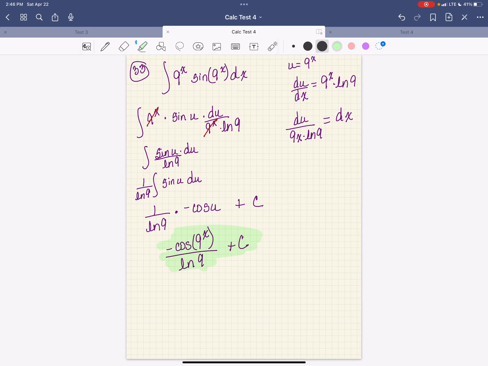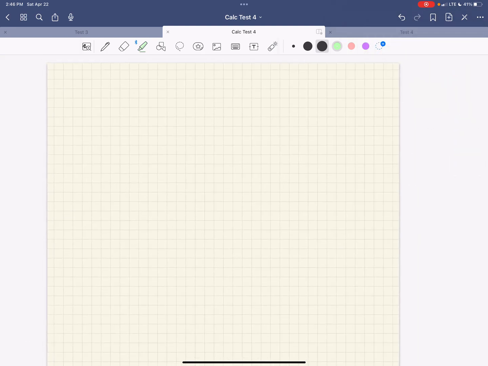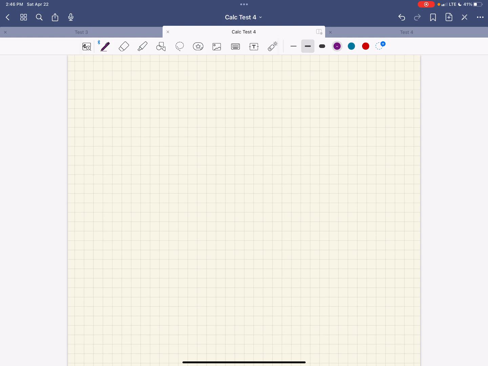Then I have number 41. 41, and this is still on 5.8. I've got secant squared of theta times tangent to the 7th power of theta d theta.